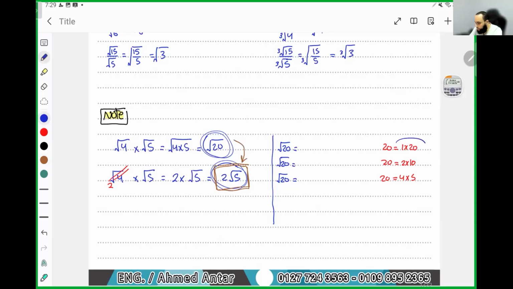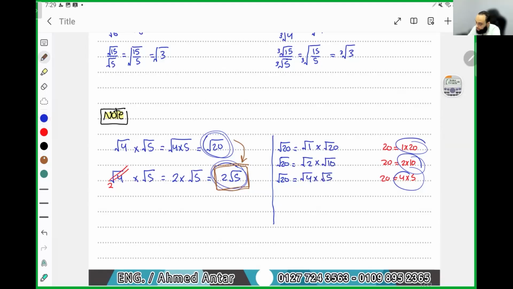So which of these numbers could I replace the 20 with? Is it better to do root 1 times root 20, or root 2 times root 10, or root 4 times root 5?